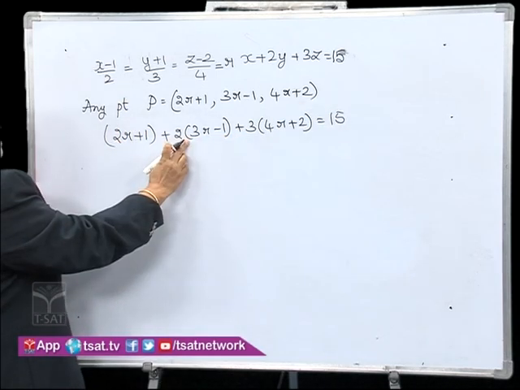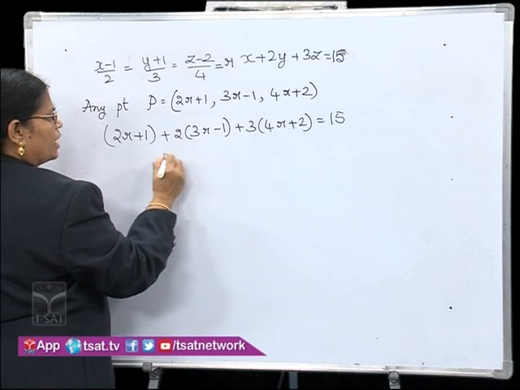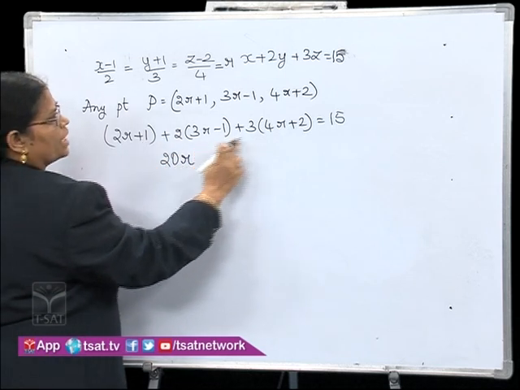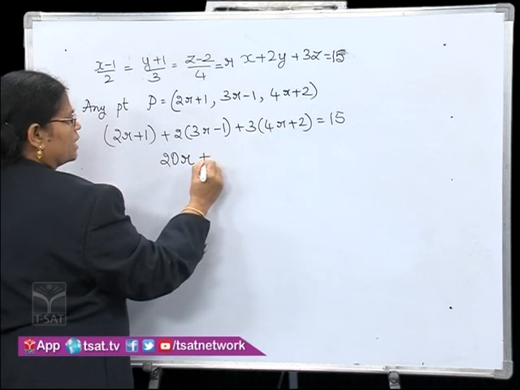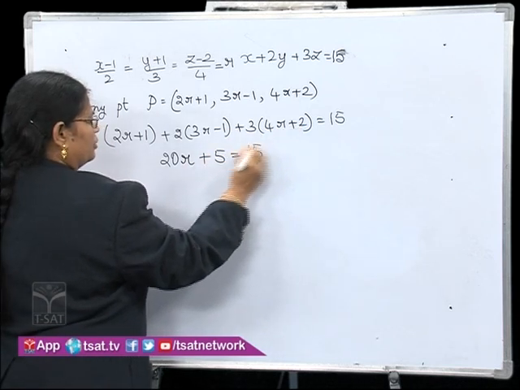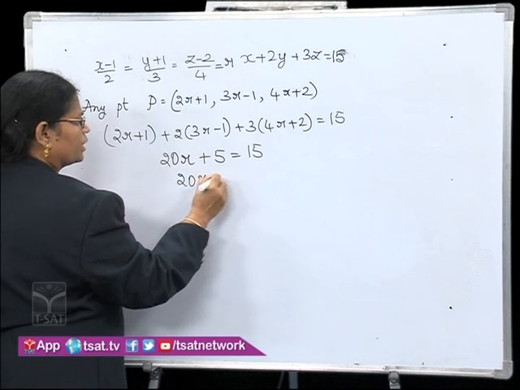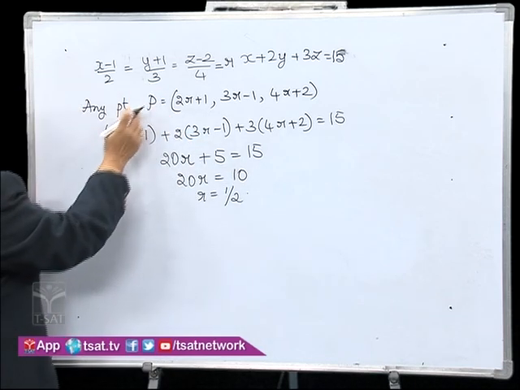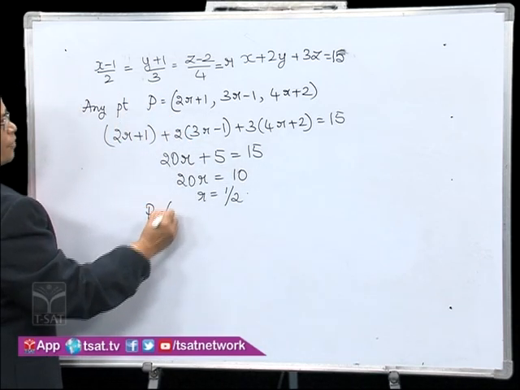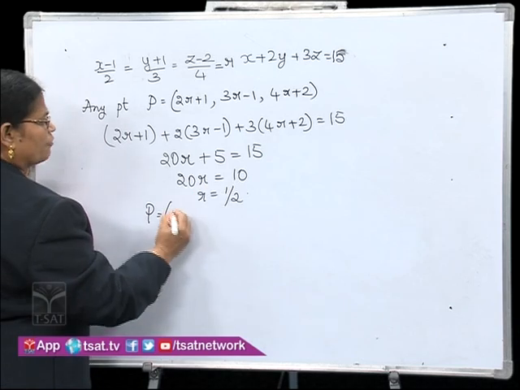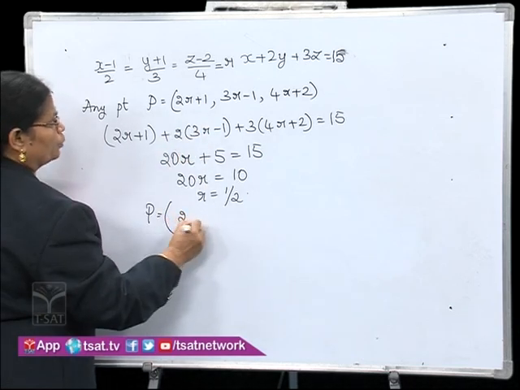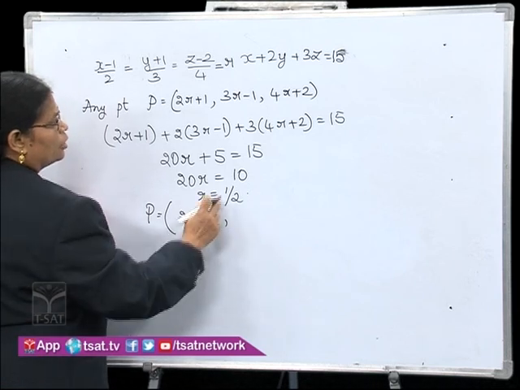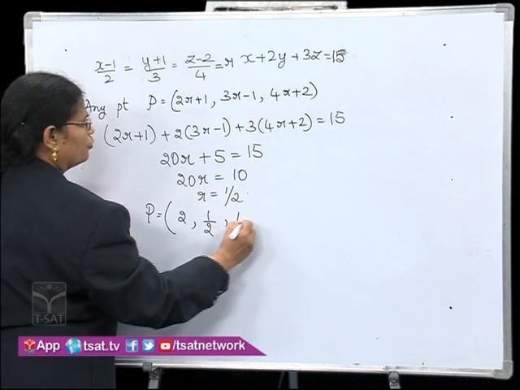So, 2r plus 6r, 8r, plus 12r, it is 20r, plus 1 minus 2 plus 6, it is plus 5, equals 15, or 20r equals 10, r equals 1 by 2. So, you get the point P by substituting the value of r: 2 into half is 1, plus 1, 2; 3 by 2 minus 1, it is 1 by 2; 4 by 2, 2 plus 2, 4.